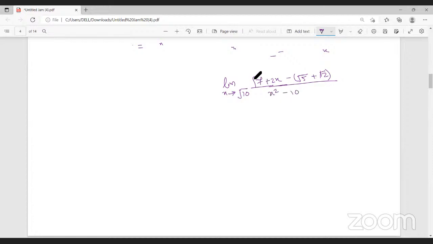Okay. Is it a graded question? No, it is not a graded question. So if you try to put x equals root 10 here, what will you get? Infinity, right? Here you get twice root 10.